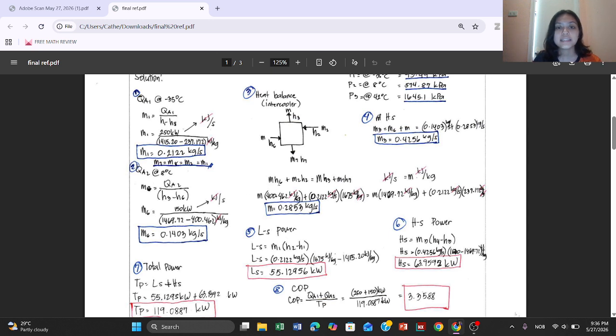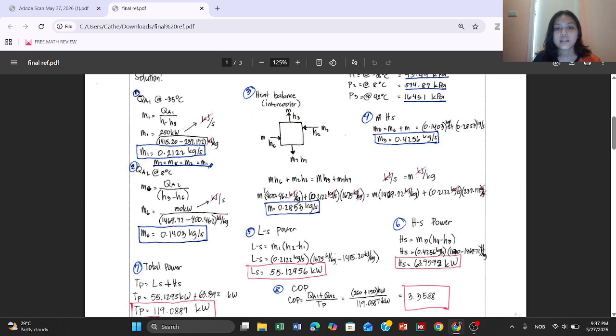The entering part is mass times H6 plus M2 times H2, the same entering at the intercooler, which will be equal to the energy leaving, which is the mass times H3 plus mass 7 times H7, both energy leaving.